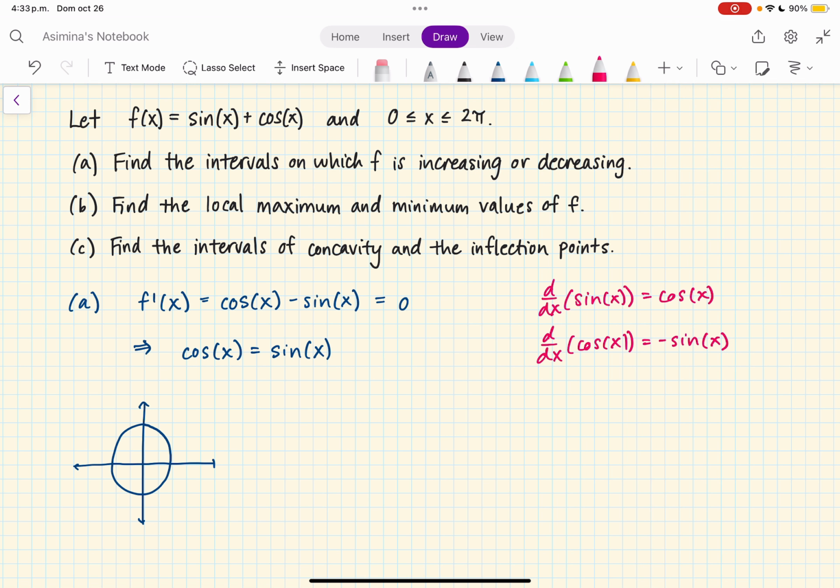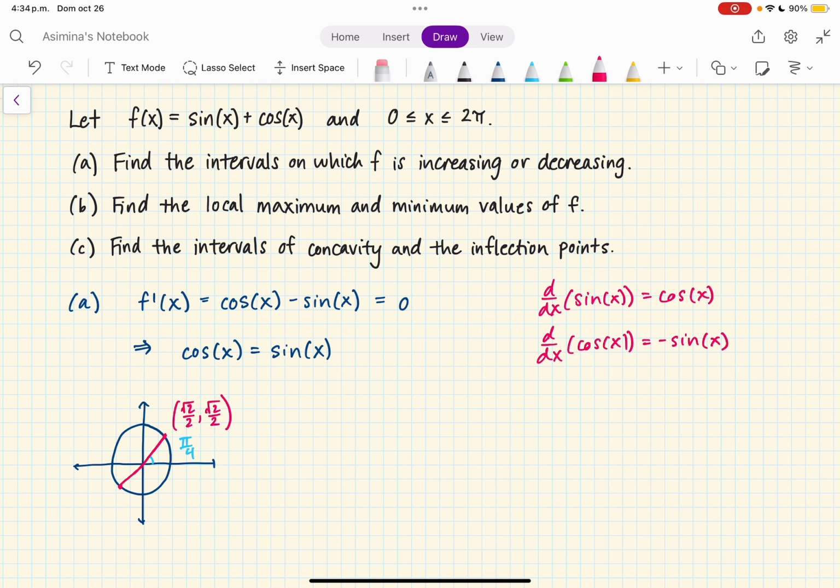Well, here we have that cosine of x equals sine of x. In particular, this point is root 2 over 2, comma root 2 over 2. And the angle at which this happens is the angle pi over 4. Now, where else are cosine of x and sine of x equal? Well, they're also equal directly across over here.